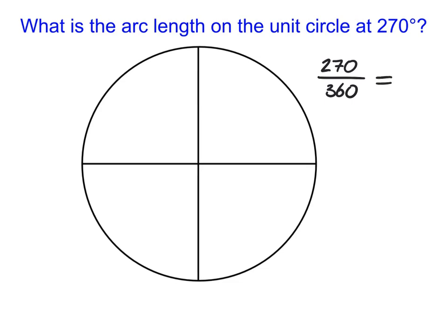And then I'm setting up my proportion again. And so that's going to equal something over the total circle in radians, which is 2 pi. Remember, the total circle in radians is exactly the same as the circumference of the unit circle. But I want to figure out how many radians is it just to get to 270 degrees. So in other words, what's this arc length?